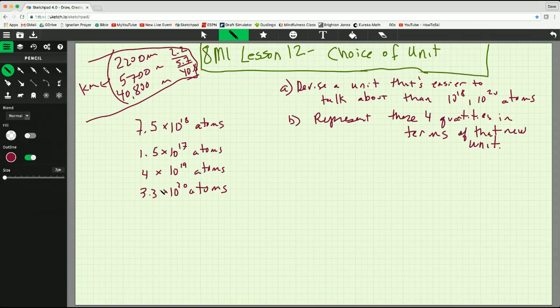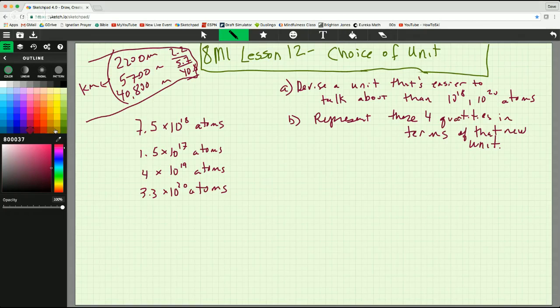So we're going to try and simplify this. The first thing I want to do on part A is I want to say which one of these is the smallest, right? And remember, we don't look at the number in front. We look at the power. So this is the smallest.